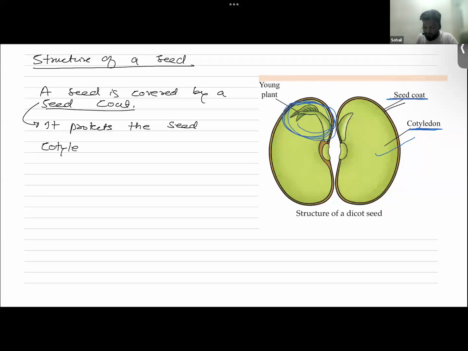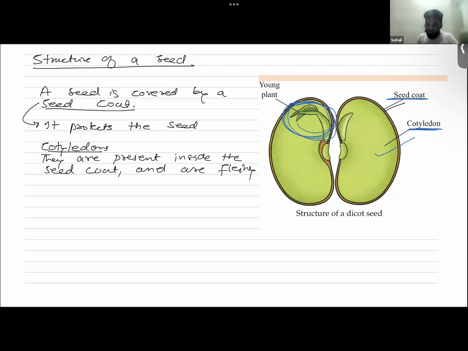What are they? They are present inside the seed coat and are fleshy seed leaves, right? Okay, and they are rich in nutrients.